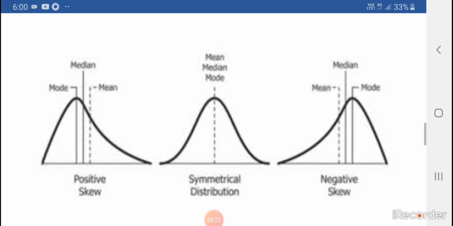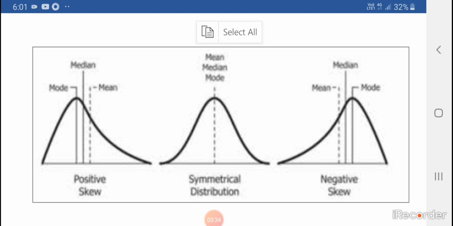Here in this graph, you can see the types of skewness. The first one is showing positive skewness. That means the value of mean is more than the mode and the median value lies in between. And the third graph shows negative skewness.